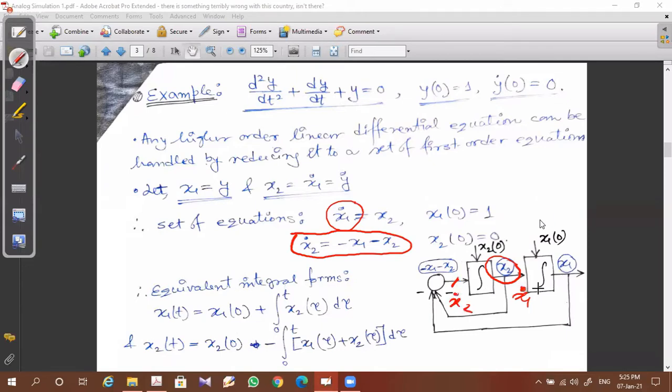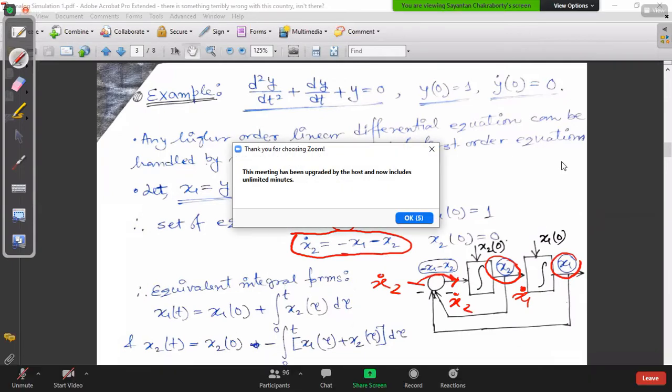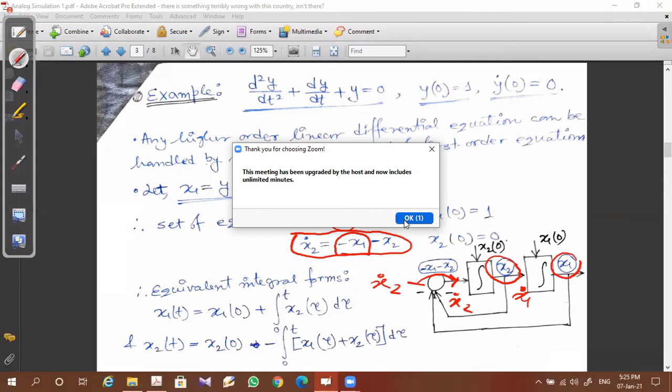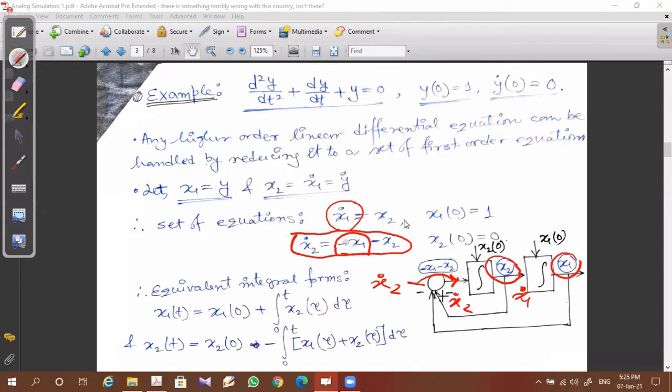So if we integrate x1 dot, what you'll get? You'll get x1 and x2 dot, which is here, is nothing but minus x1 minus x1.